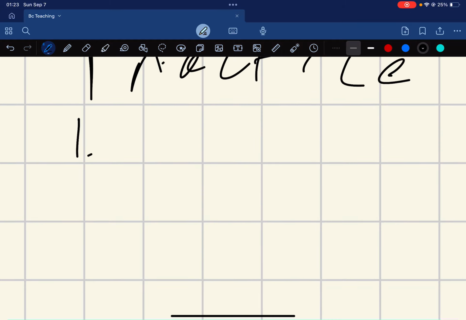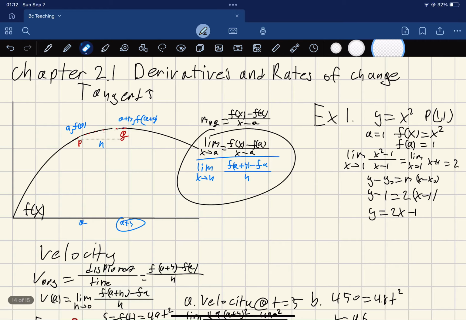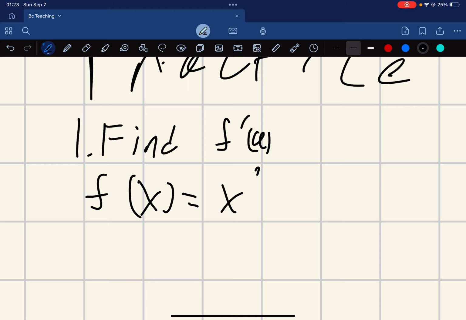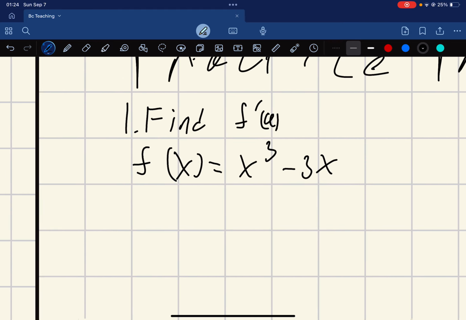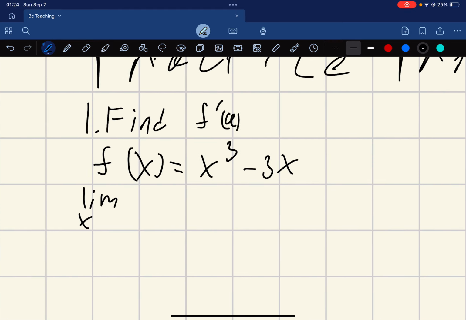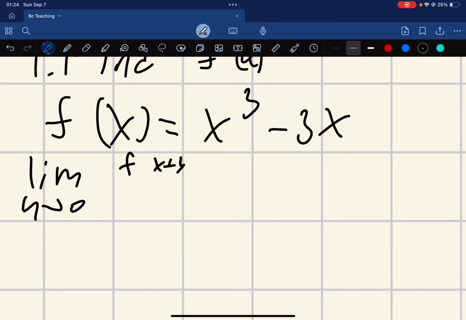Our first problem is going to be to find f prime of a when you have the function f of x. F of x equals x cubed minus 3x. So I like using this formula because I'm just used to it.